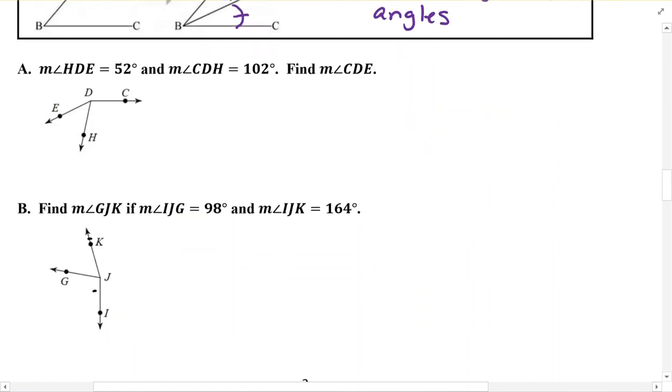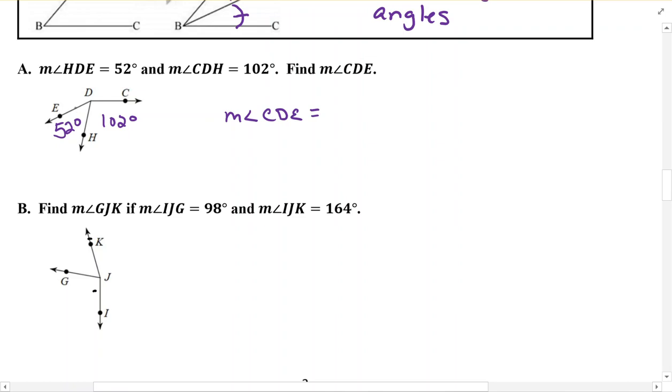When you have pictures and problems, the best thing to do is to mark the pictures, mark what's congruent, mark what measures you get, and then decide what you need to solve for. Here it tells us that the measure of angle HDE is 52 degrees. The measure of angle CDH is 102 degrees. They're asking us to find the measure of CDE.